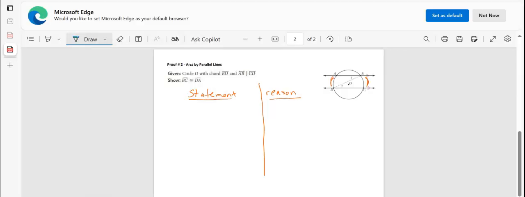Once again, we start with our given. So we'll say circle O with chord BD, and line AB parallel to line CD, okay?